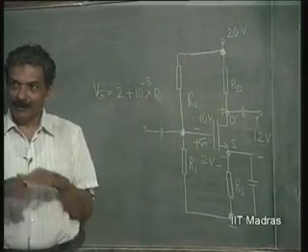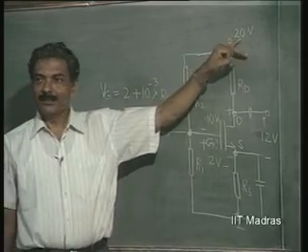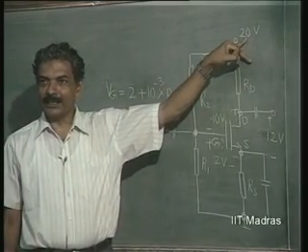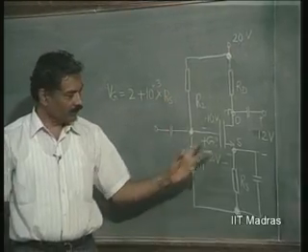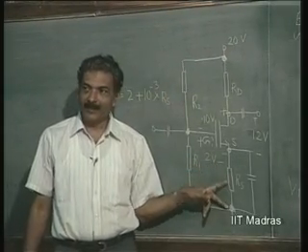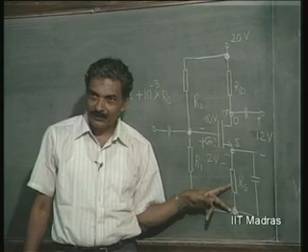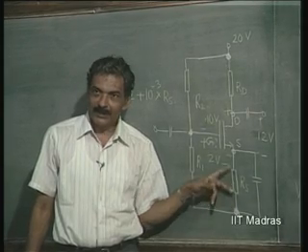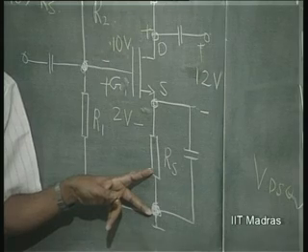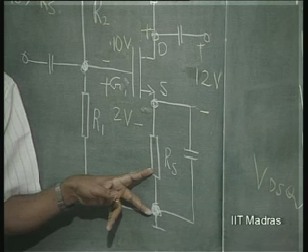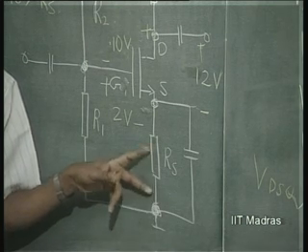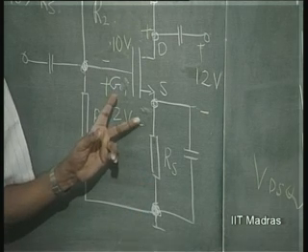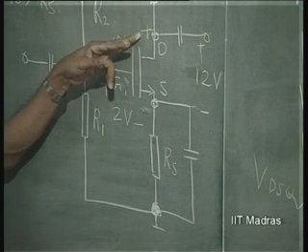Suppose I am given liberty to select the voltage here such that I can make the operating point stable, then what would I do? For 2 volts, I will straight away take this drop as 20 volts. So, this resistance will be straight away fixed at 20 kilo ohms, because 1 milliampere is flowing through it. So, this is straight away 20 to 22 and then 10 volts here.